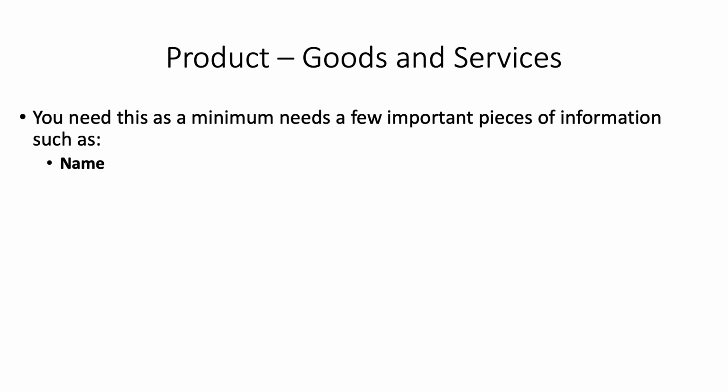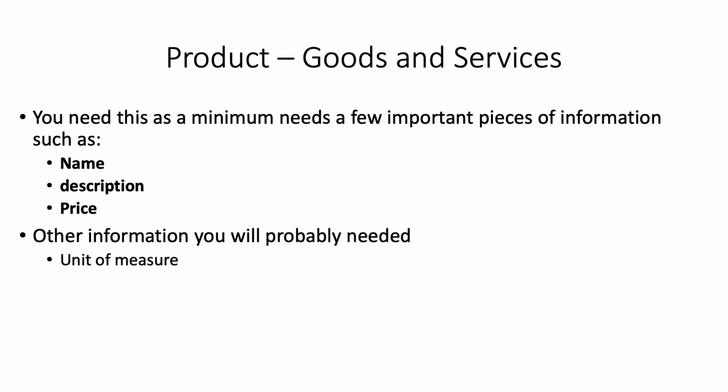Okay, so product, goods, and services, you need at minimum a few important pieces, such as what do you call the product or the service? What's the description of number 2 board, or TD27OFK56? Well, what does that mean? What does it cost? And there's other information you will probably need.